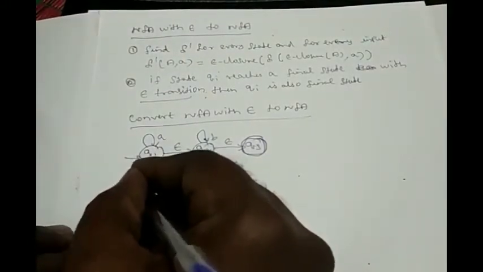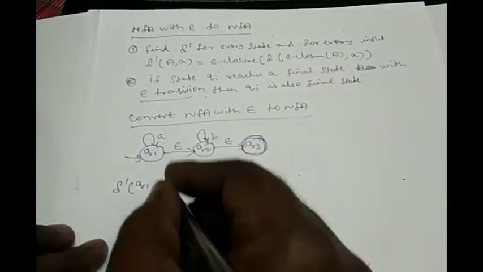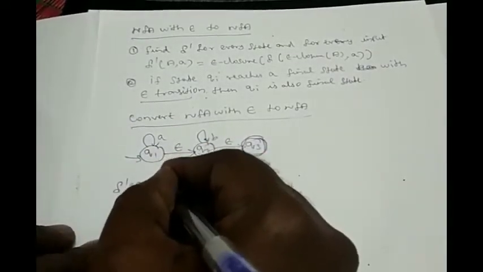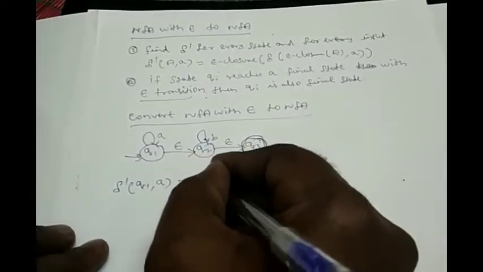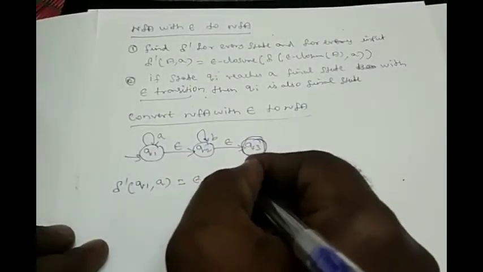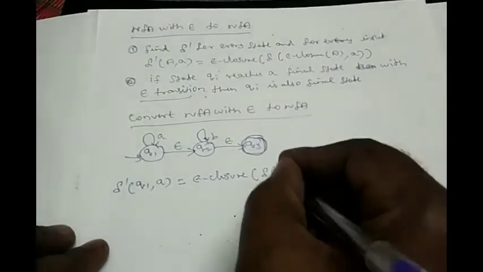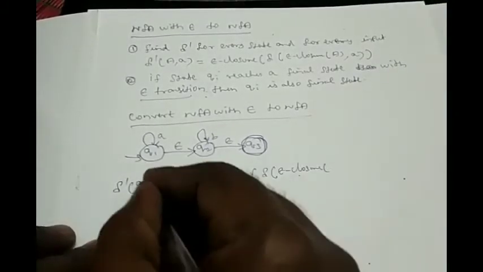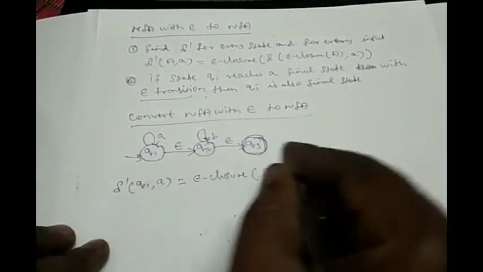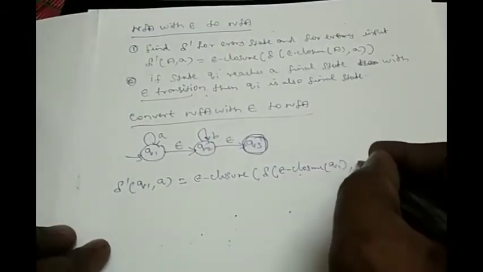I take the first state Q1 and the first input A. So it is equivalent to epsilon closure of delta of epsilon closure of Q1 comma A.